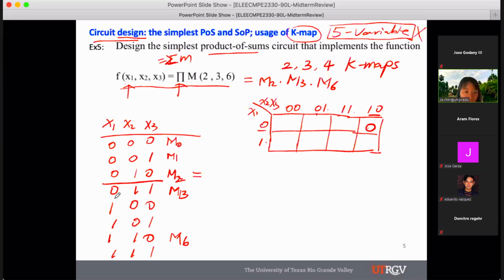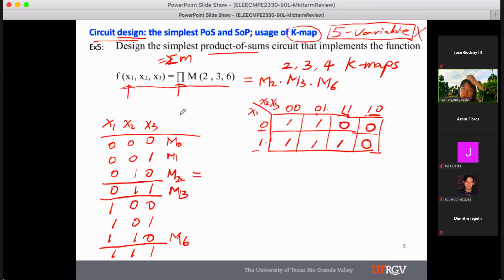And M3 is this row, 0, 1, 1, okay? This is M3. Now M6 is what? 1, 1, 0, okay? This is my M6. So that means the rest are all ones.